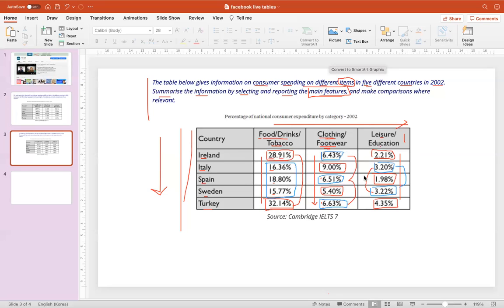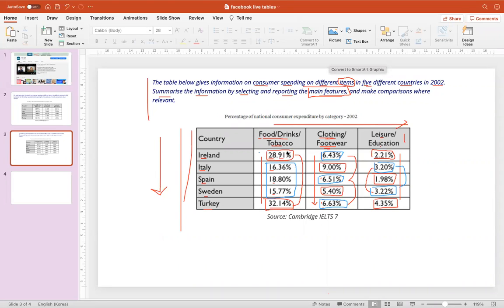So that's something that we can talk about. So that's the way that I like to approach it: talk about the highest things, talk about the lowest things. And then if there's something in the middle, group them together into a sort of medium or middle group. That tends to be a good way to do it.